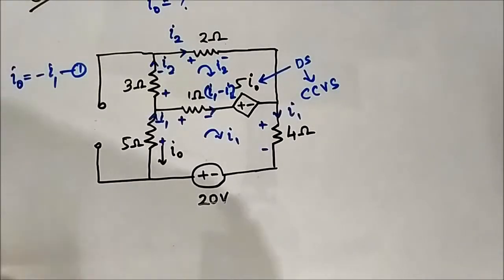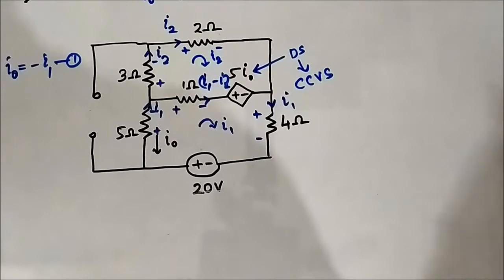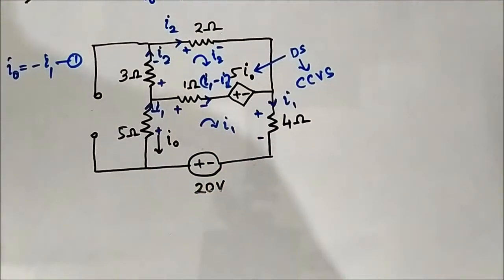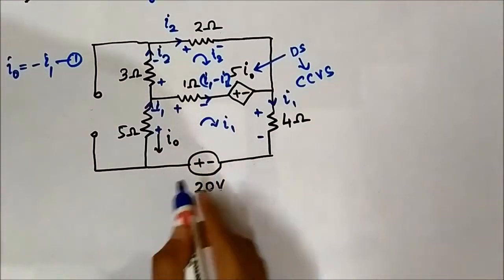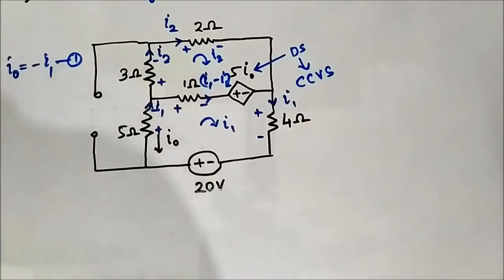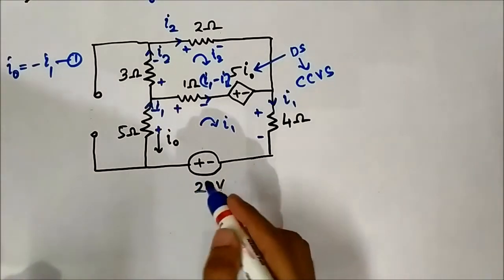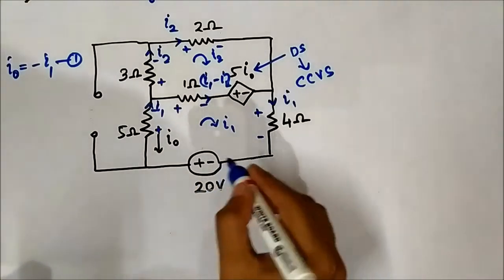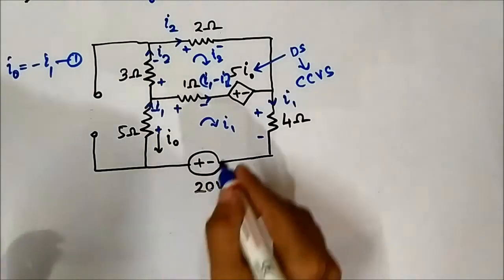So now we will apply KVL in this lower loop, using the second sign dominating method. I have already posted videos related to that: KVL, KCL, nodal analysis, mesh analysis, you can watch them.